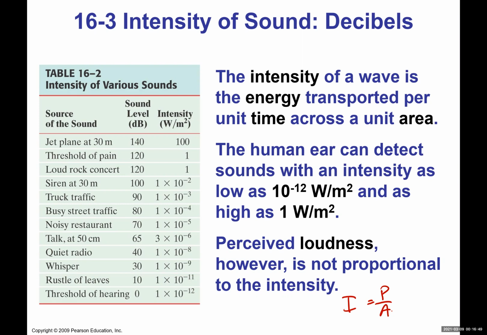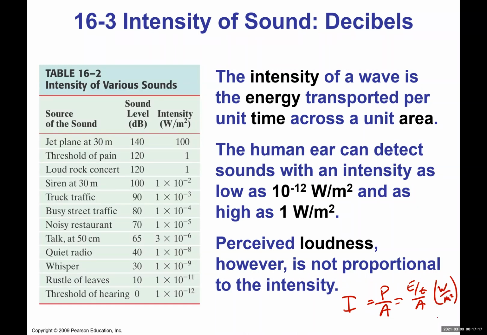Power itself is energy per unit time, then per unit area. So intensity is how much energy is transmitted by the wave as a function of time through some surface area A. Units: watts per square meter.